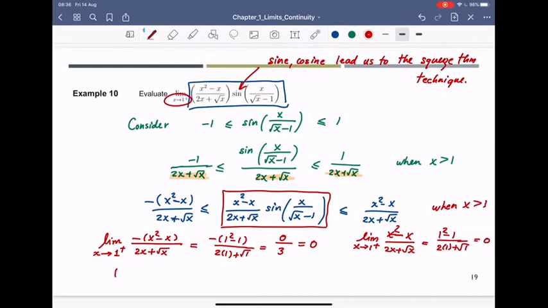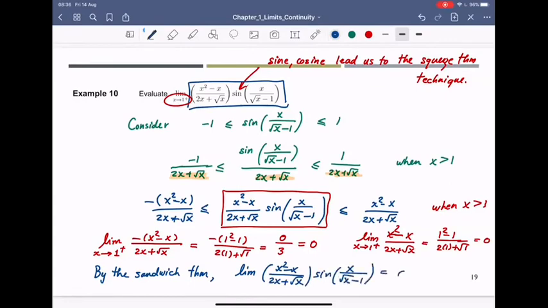So now you can conclude, and I mention it a little bit to make sure the grader can grade your work correctly: by the sandwich theorem, or you can call it the squish theorem, we have that the limit of x squared minus x over 2x plus square root x times sine of the square root of x minus 1 equals 0 as well.